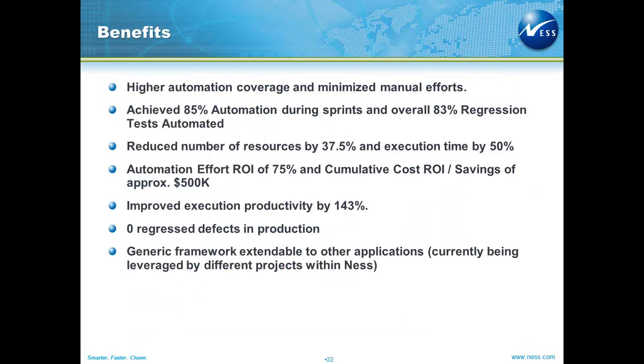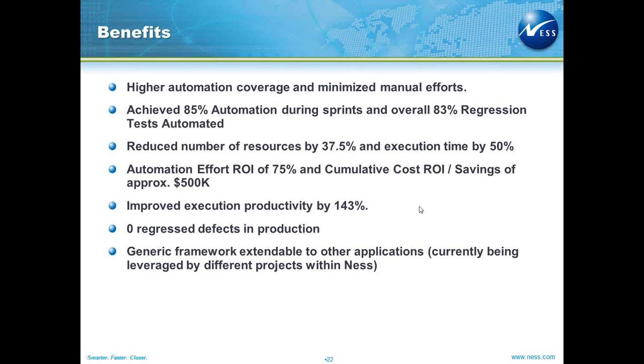And these are the benefits that this project has been delivering. High automation coverage, around 85% of automation during sprints, and overall 83% regression tests are automated. The number of resources have been reduced by 37.5% and execution time by almost 50%.